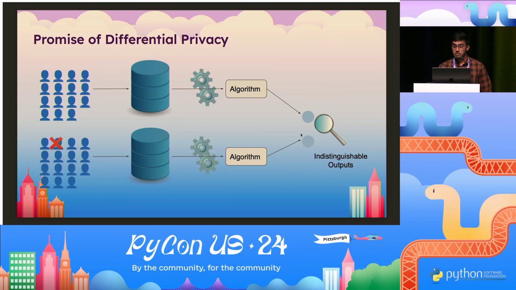If the outputs of these two instances of running the algorithm are indistinguishable, that is, I'm not able to figure out any information about the person who was omitted from the study, then the algorithm itself is differentially private. It's able to add noise or do some magic with the output so that I'm not able to figure out what data was missing or any particular attribute of the person that was omitted from the study.